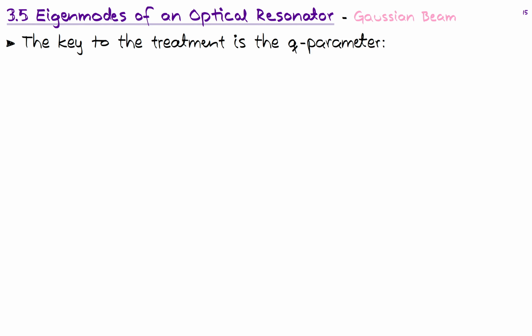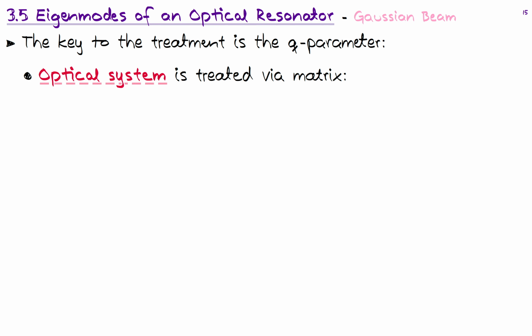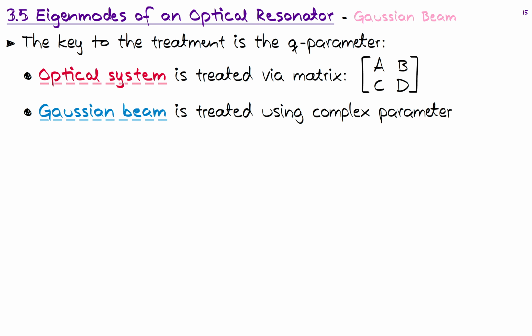The key here is that we need to treat the q parameter, and that will be our input vector and output vector. So optical systems can be treated using matrices as before, the same ABCD matrices. And now the Gaussian beam is treated using a complex parameter q. The input q parameter will be q input, and the output will be q output.